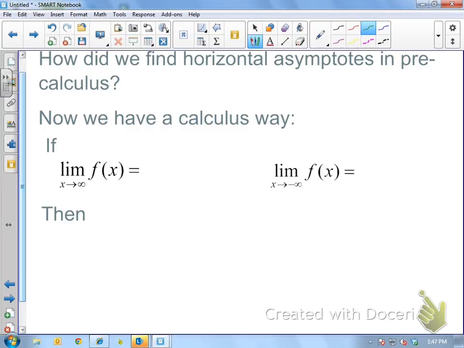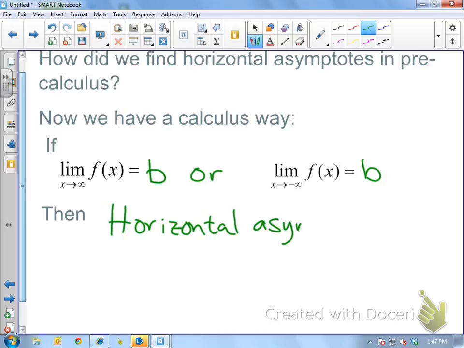If our limit as x approaches infinity of f of x equals some number, can be any number, or the limit as we approach negative infinity equals some number, then we have a horizontal asymptote at y equals b.